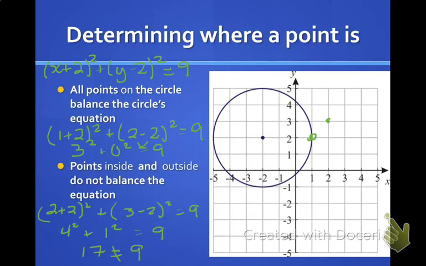So we can see that we got a number that was too big for our radius. This tells us that (2, 3) is too far away from the center. It's not the square root of 9 units away from the center, it's the square root of 17. That's too far. Similarly, a point inside the circle would give you a left-hand side of the equation less than 9.